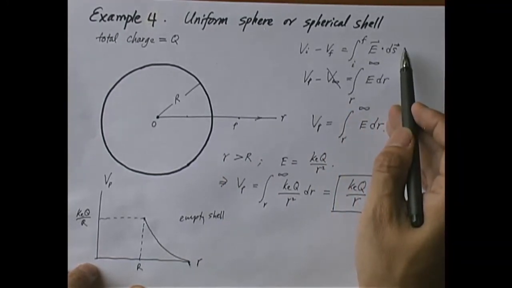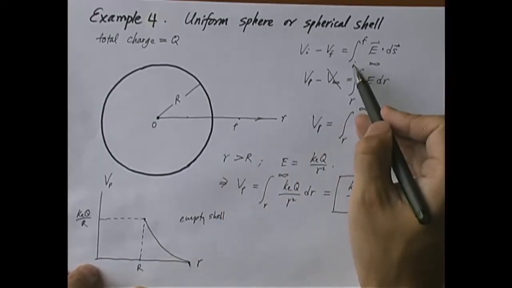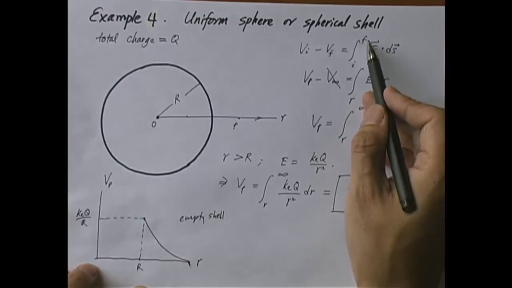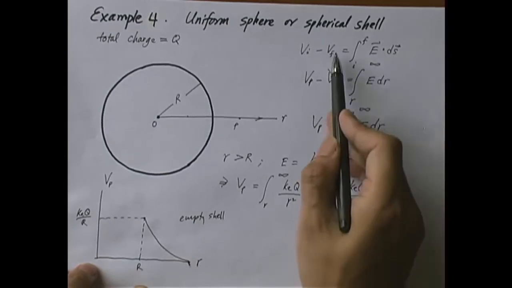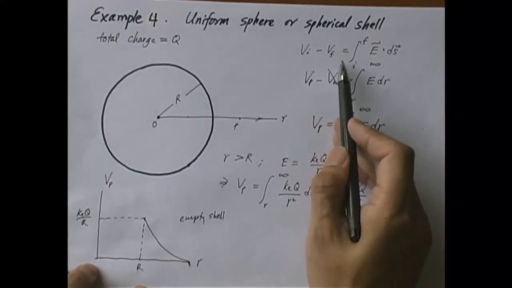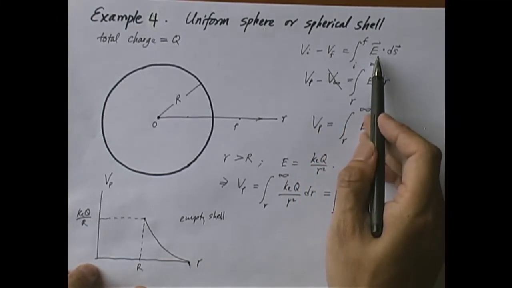And this integral is over an extremely short range, right? Right outside to right inside. So R initial and R final are almost equal to each other. So the range of this integral is extremely small, and yet you produce a non-zero result. What does that tell you about E, the E field?